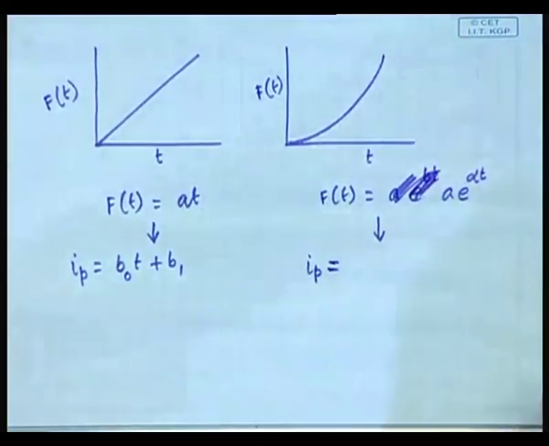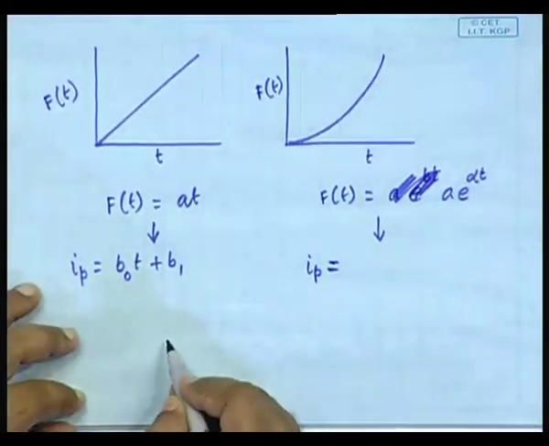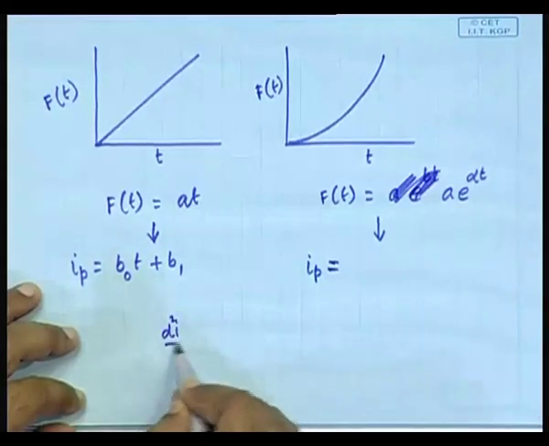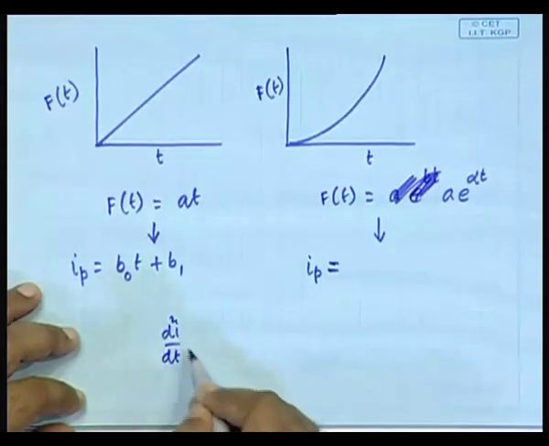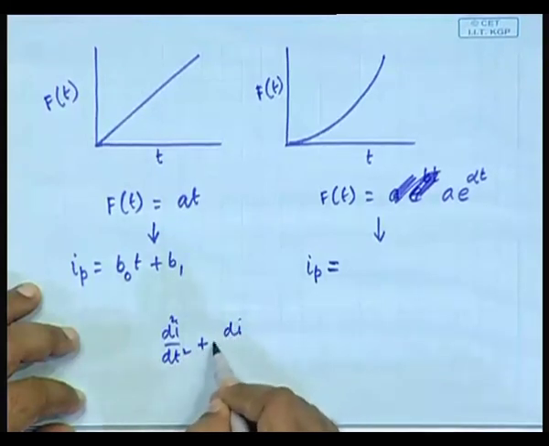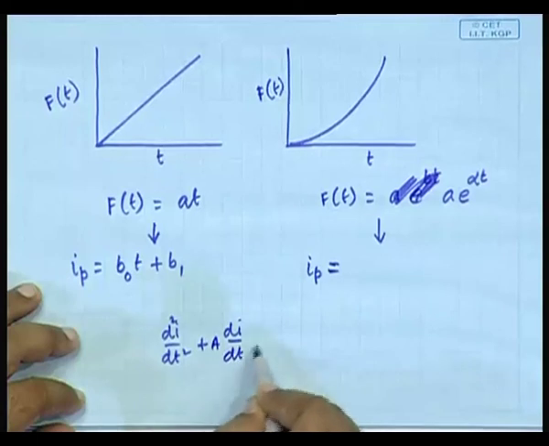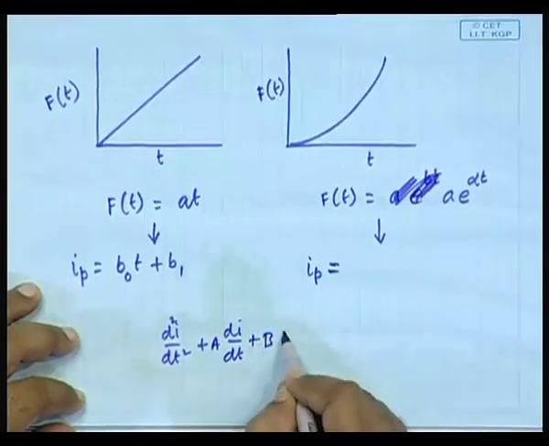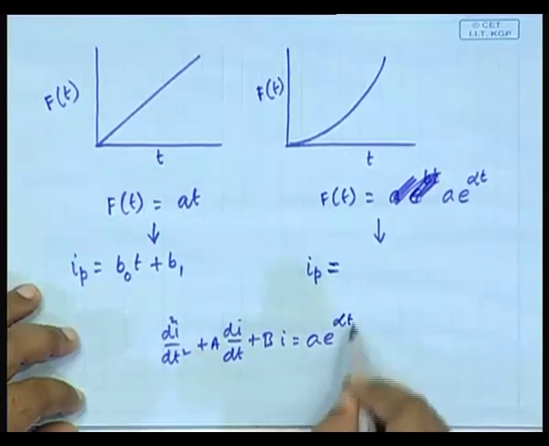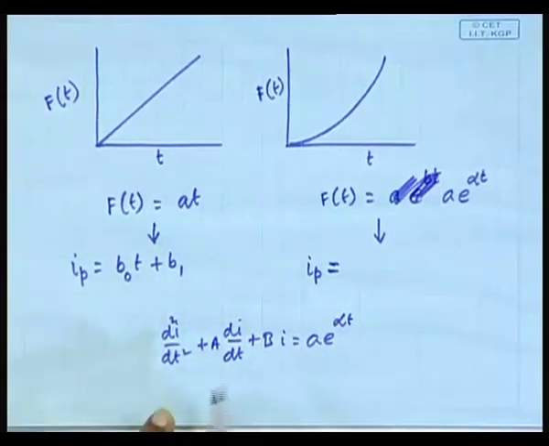See what I am trying to drive at. Normally, what will the equation be like? The equation will be d2I/dt2 plus, say, a dI/dt plus b I is equal to a e to the power alpha t, that is the external forcing function.